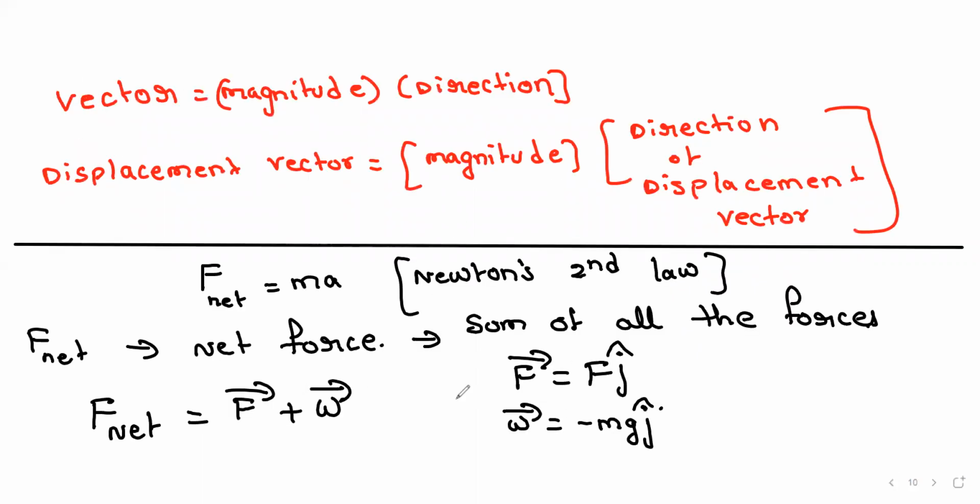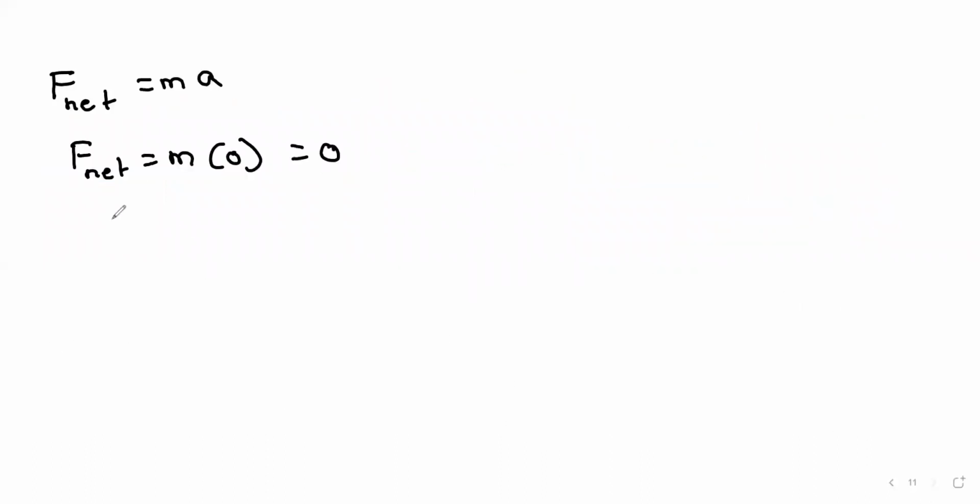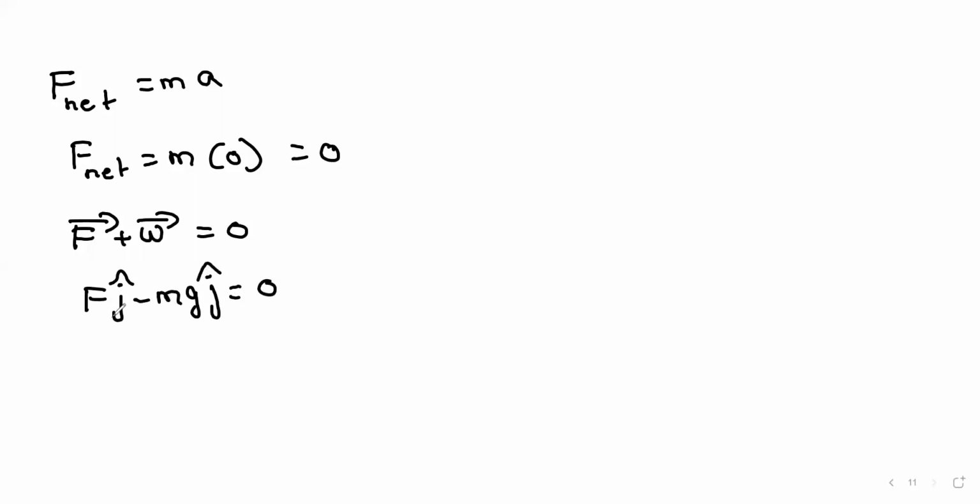If you substitute a as 0 here, we get F net as 0. So F net is F plus W is equal to 0. F is Fj cap, W is minus mg j cap, equal to 0. From this we get F as mg.